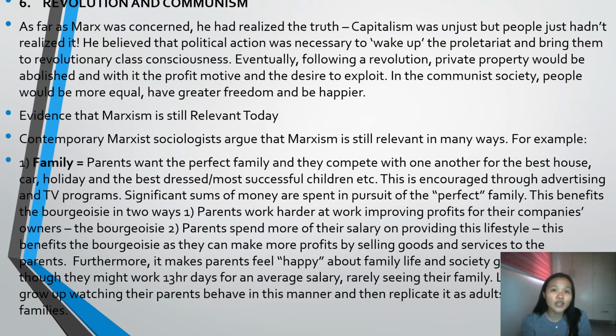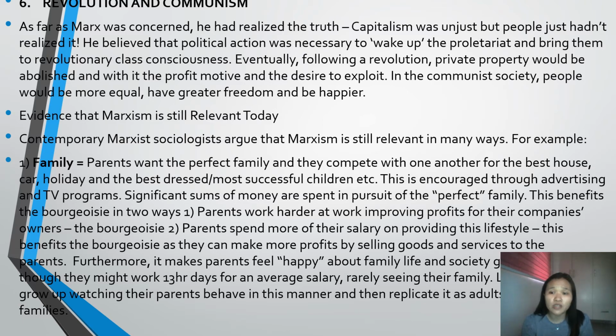Next, revolution and communism. As far as Marx was concerned, he had realized the truth. Capitalism was unjust, but people just hadn't realized it. He believed that political action was necessary to wake up the proletariat and bring them to revolutionary class consciousness. Eventually, following a revolution, private property would be abolished, and with it the profit motive and the desire to exploit.